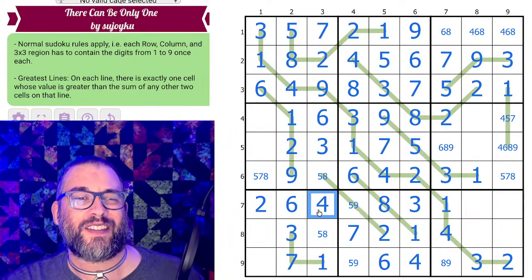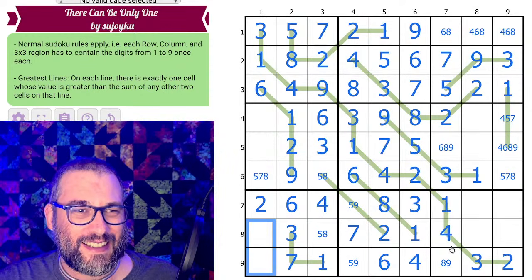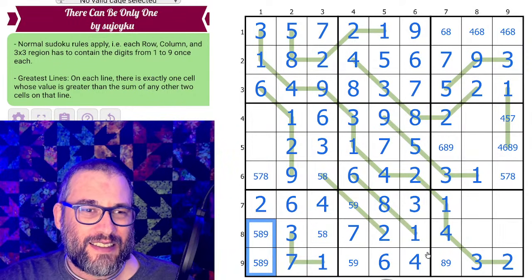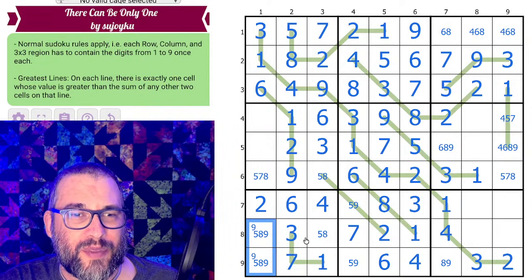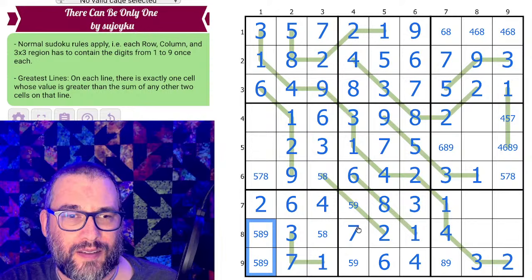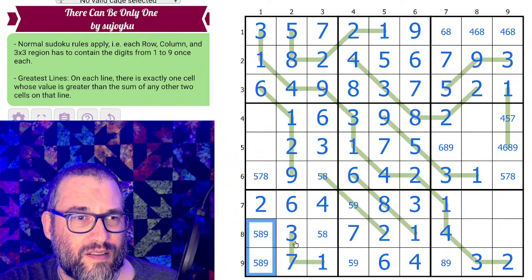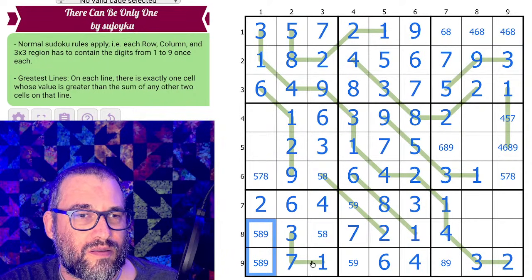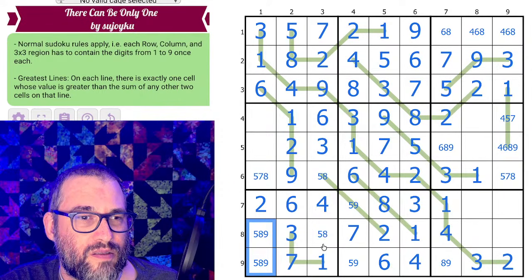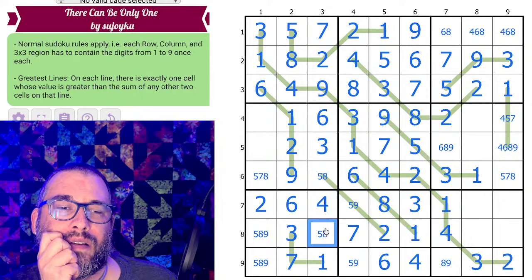Could also have placed 4 in row 7. Let's see. Got a 9 looking up that does nothing. See if this is 5.